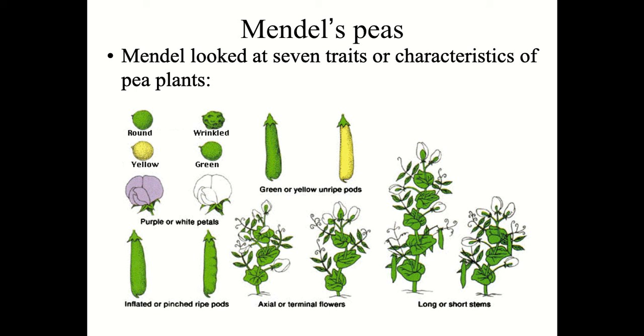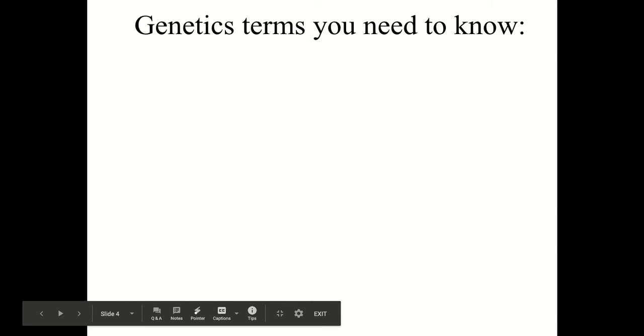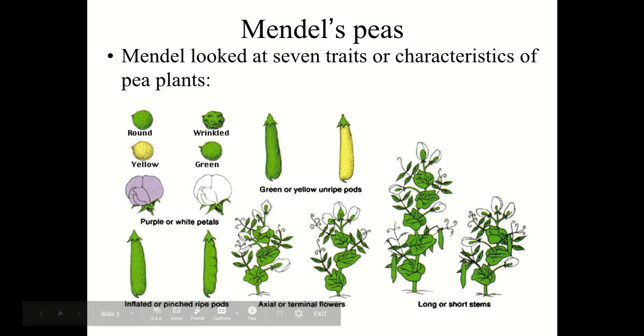He cared if they were short or tall, round or wrinkled, yellow or green, purple or white petals, green or yellow pods, if the flowers were on the side, axial or terminal, wrinkled or inflated pea pods. So he studied these really closely, cared a lot about it, and we're going to talk about most of our genetics in terms of pea plants.